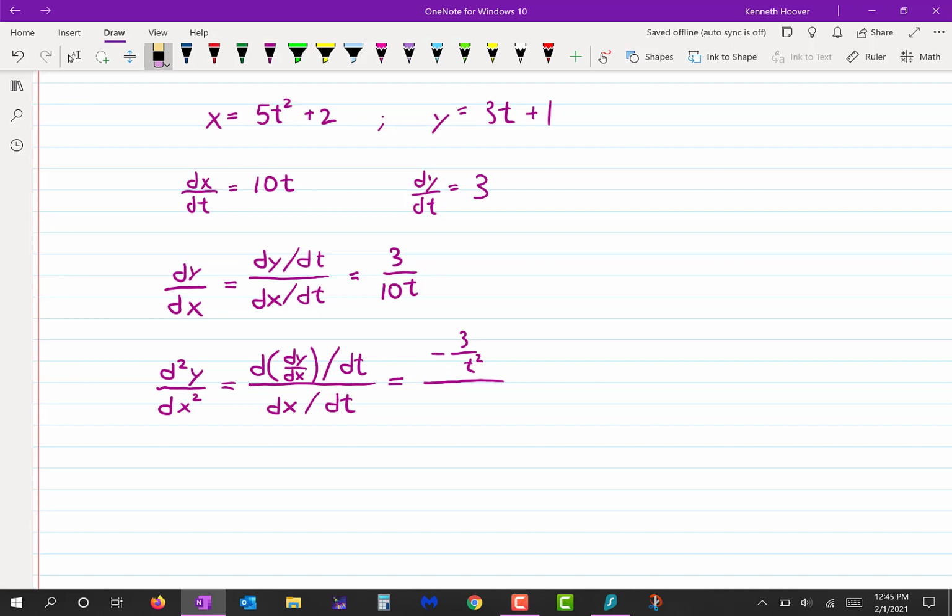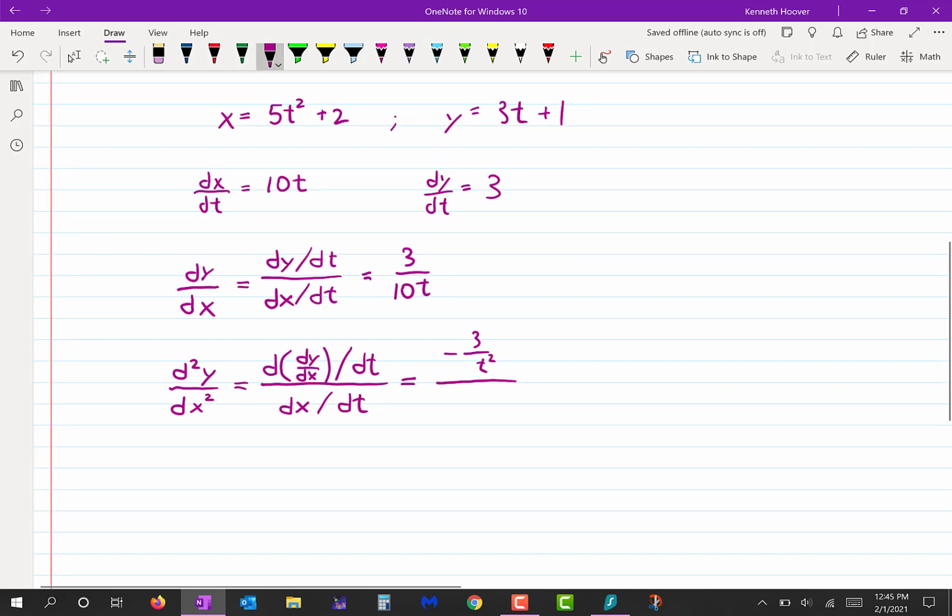Calculating simple derivatives should not be at all difficult for you by the time we've gotten to Calc 3, okay? On the bottom, I put dx/dt. What was that? That was 10t. And now I simplify. What am I going to get? I'm going to get negative 3 over 100t cubed. There's the answer.